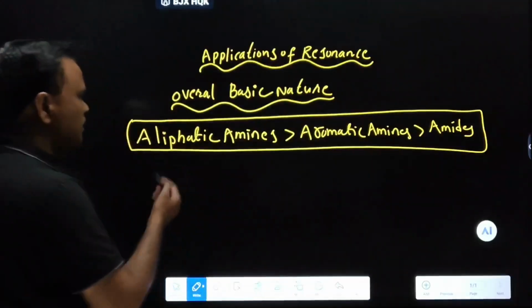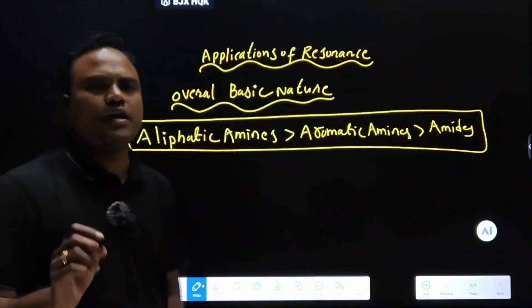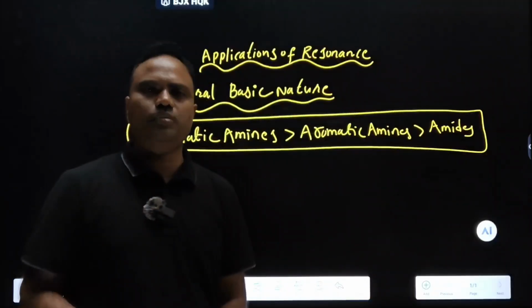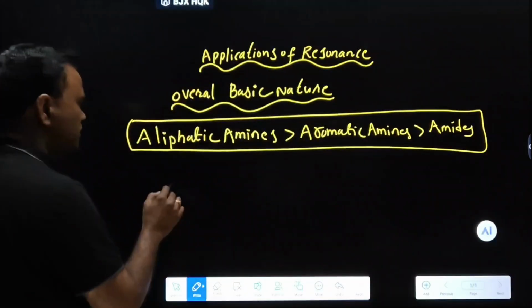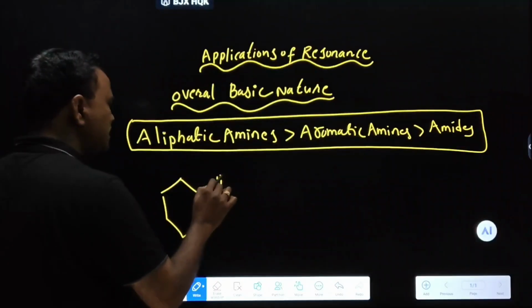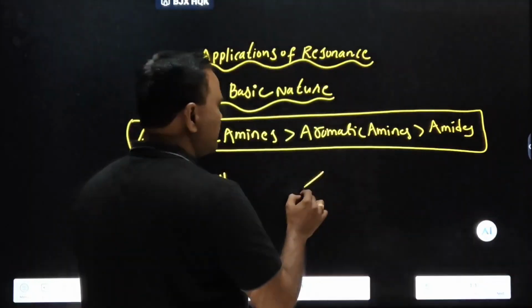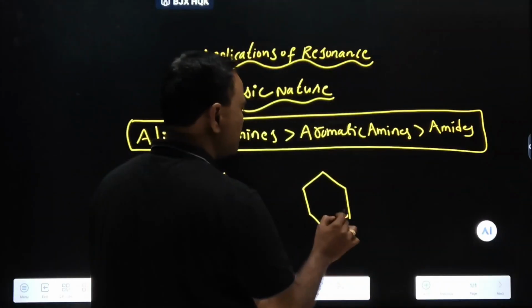Okay, let us see how to identify aliphatic amine. In aliphatic amine, nitrogen is not connected directly to benzene ring. For example, look at this. This is considered as aliphatic because this is not benzene ring, and aromatic means benzene ring is present.